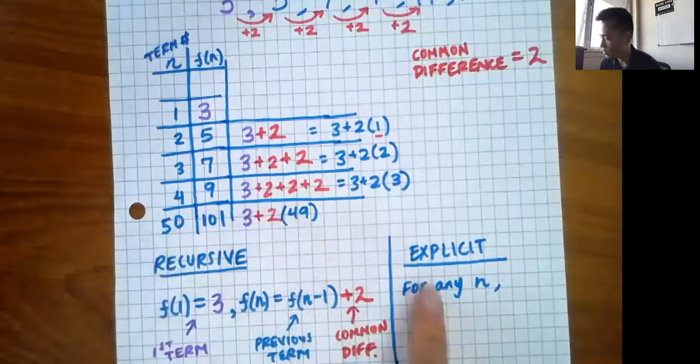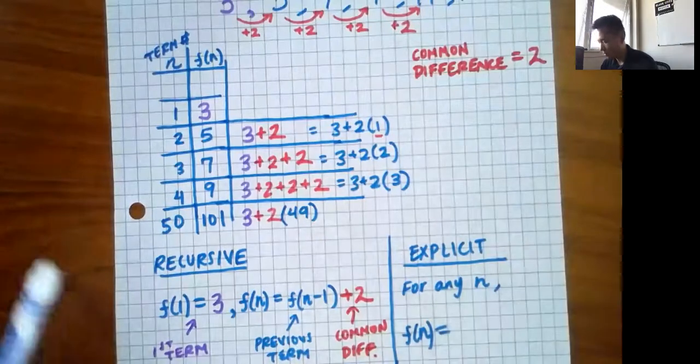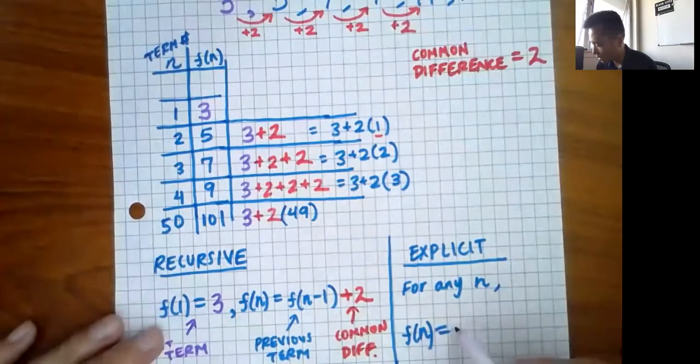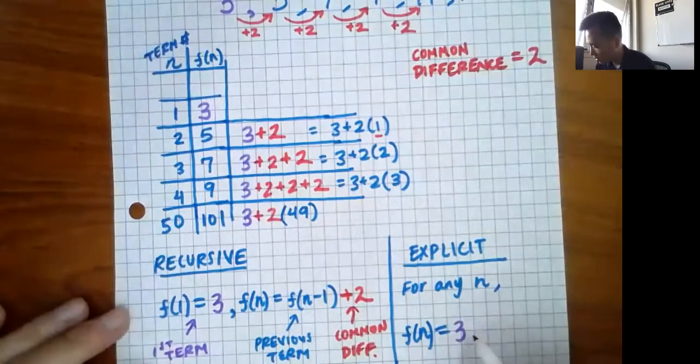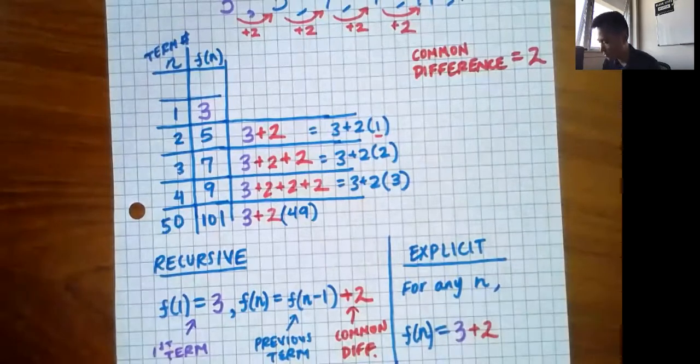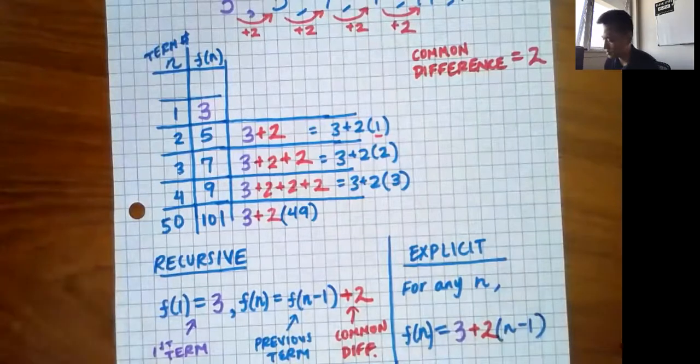So that's why the explicit formula for any n is we can say f of n is equal to, in this case, I would say the first term plus the common difference n minus 1 times.